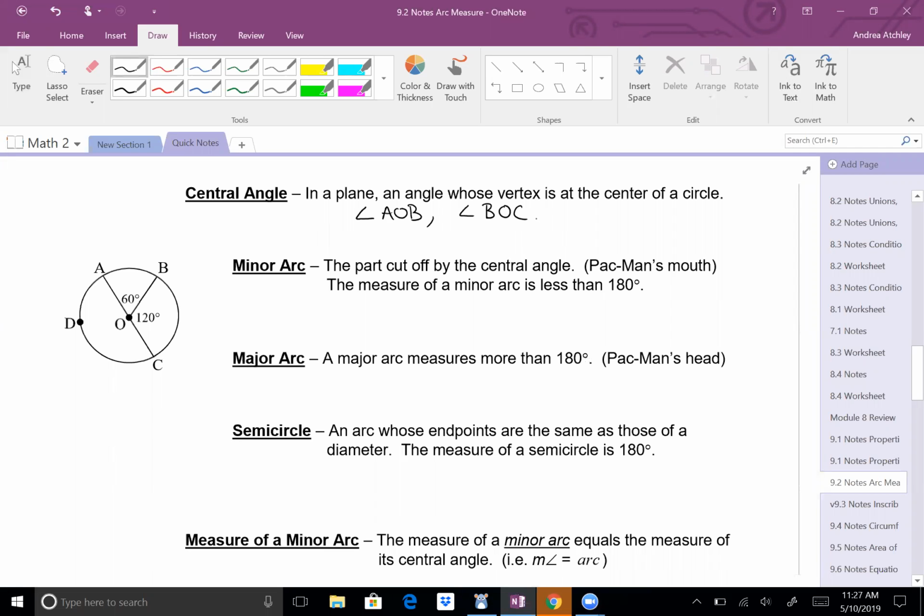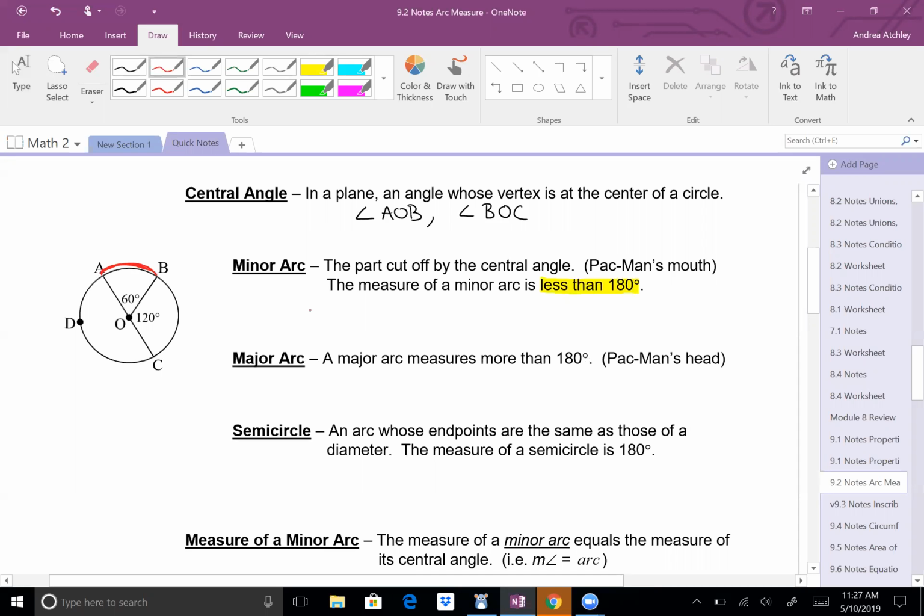Okay, an arc is a piece of the outer edge of the circle. So a minor arc is one that is less than 180 degrees. Does anyone remember how many degrees are in a circle? 360, right? All the way around a circle is 360 degrees. So less than half that is a minor arc. And this right here, A to B, that is the minor arc.